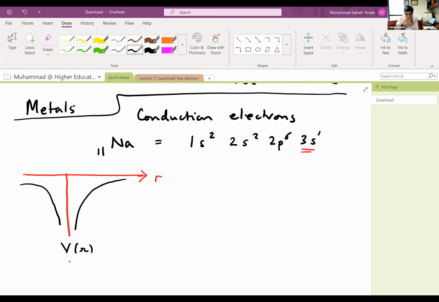And the electron, which has now become free, which has been stripped out from the atom, is now ready to roam about in the entire expanse of the crystal.